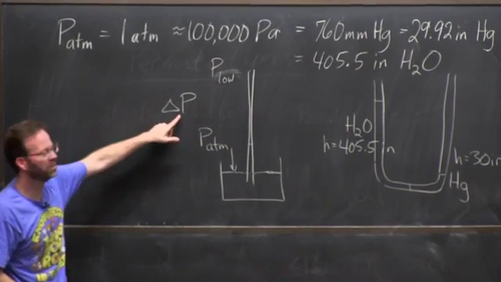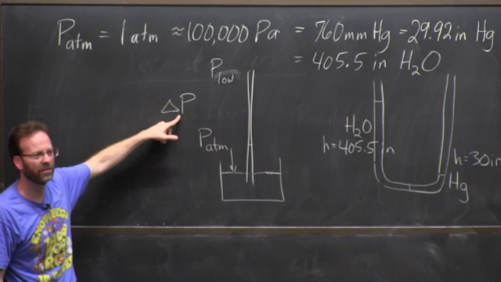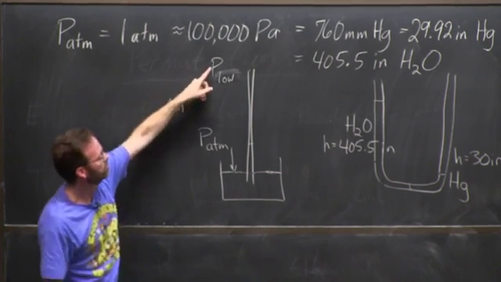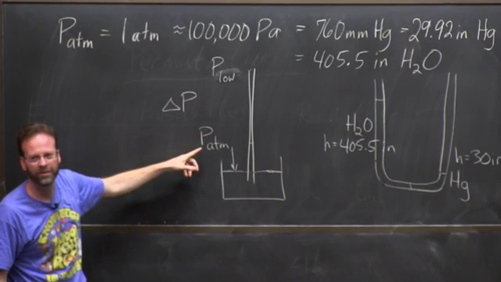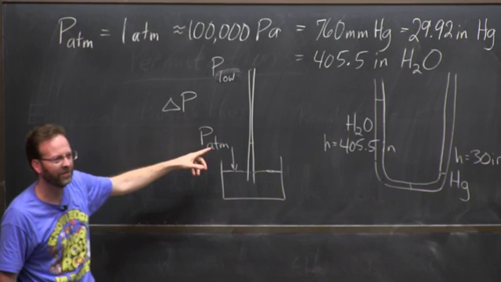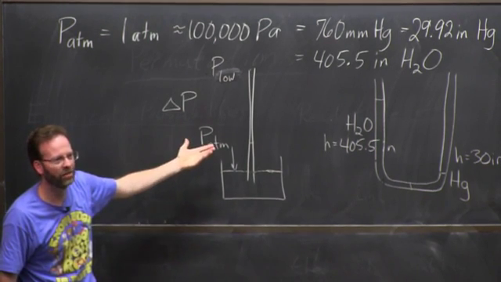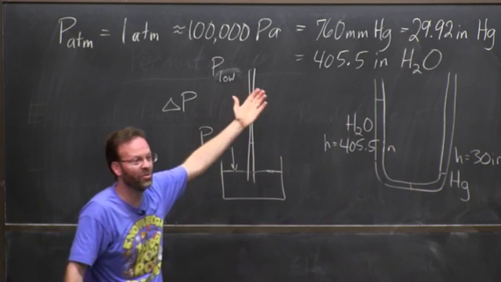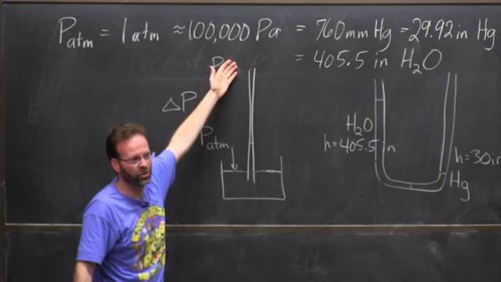What's the maximum difference you can attain? How low can you go? Yeah, you can get rid of all the air, right? So the pressure would be 0 up here. It's the lowest you can get.